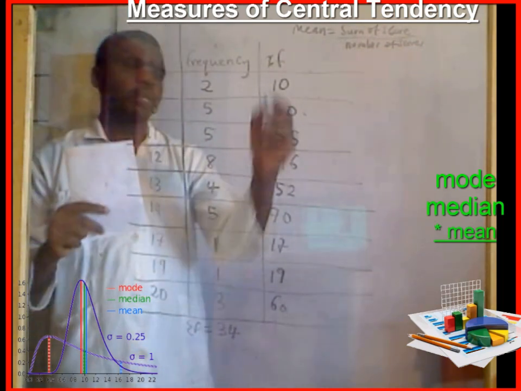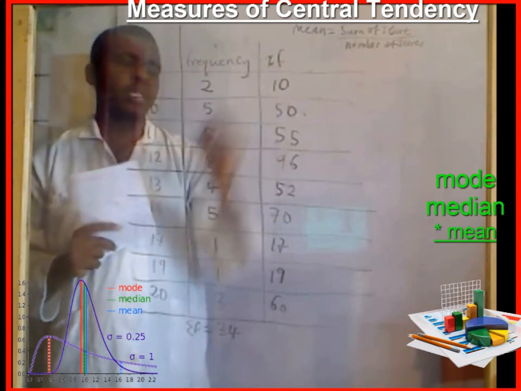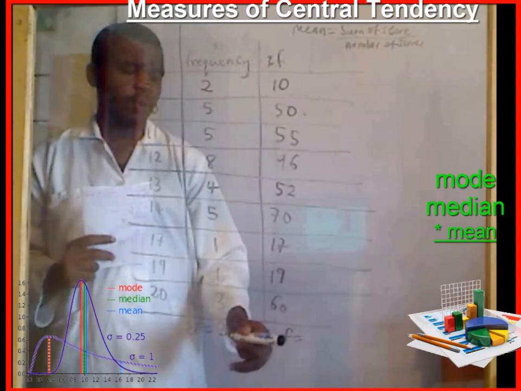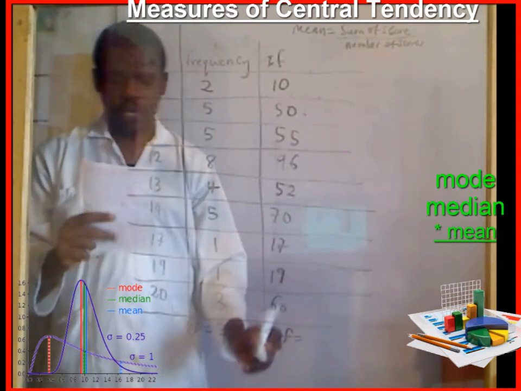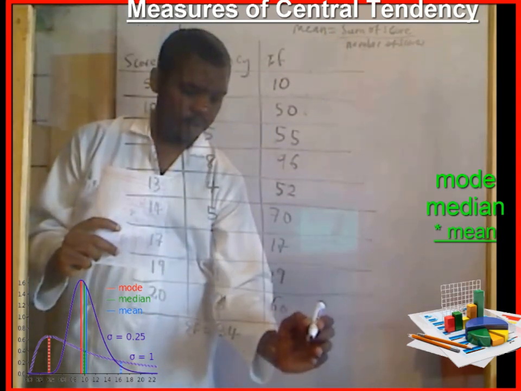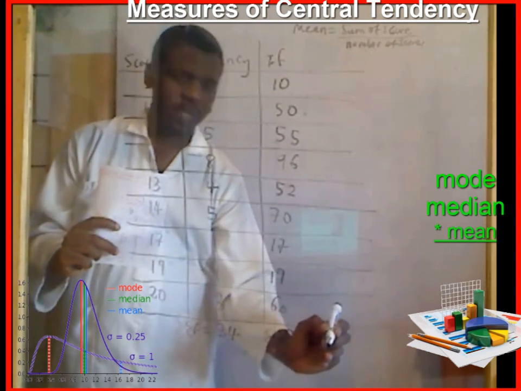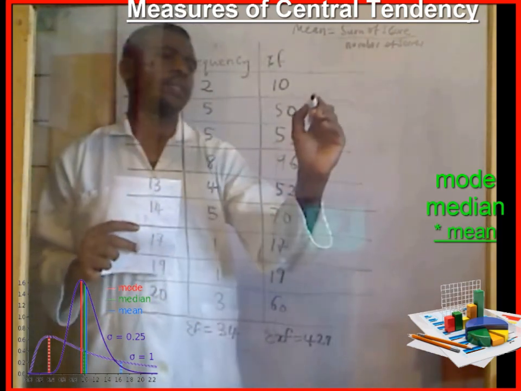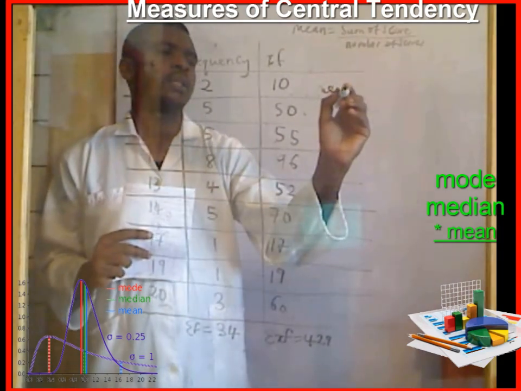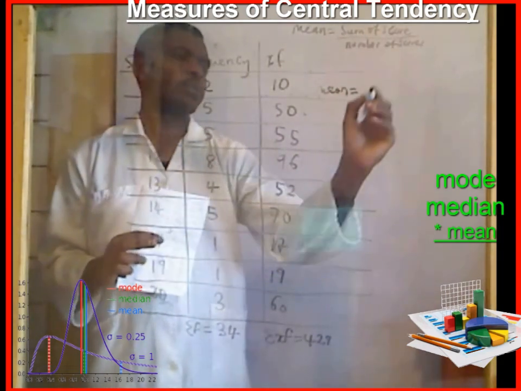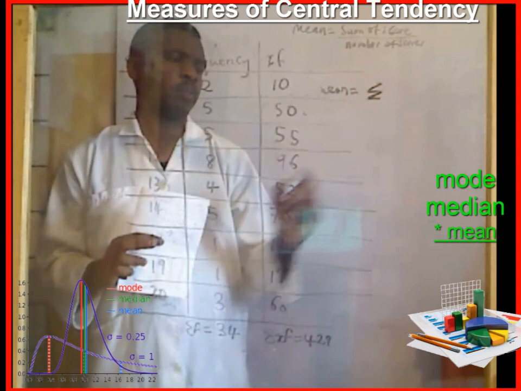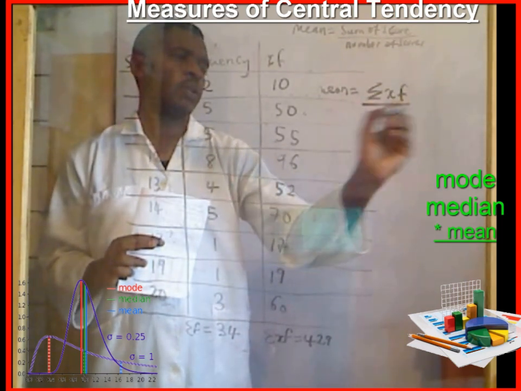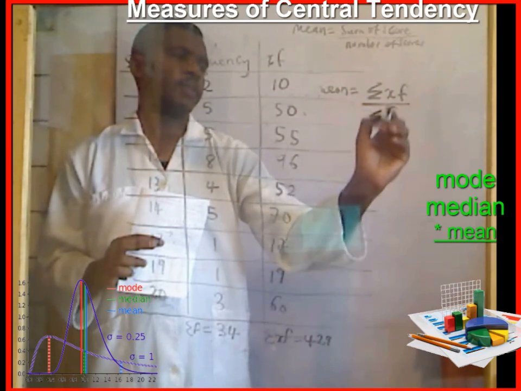So if I sum the product of score and frequency, it gives us 429. So now, our mean will be equals to the sum of the product between score and frequency all over the sum of the frequency.